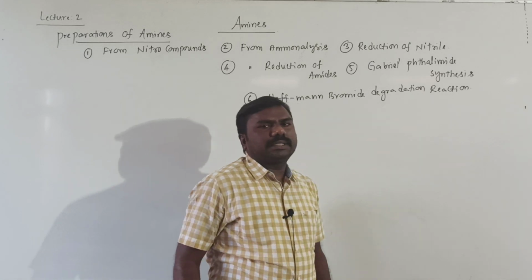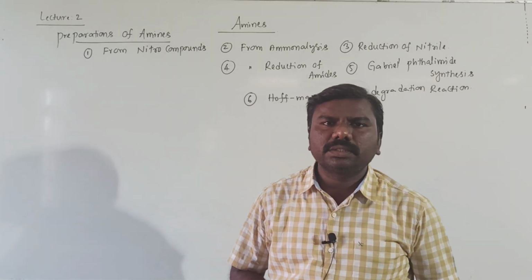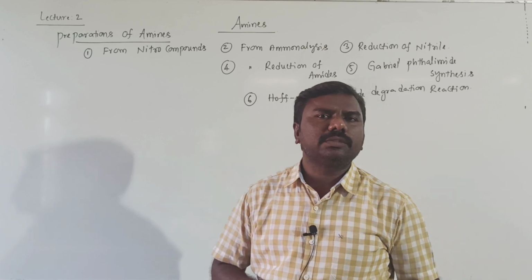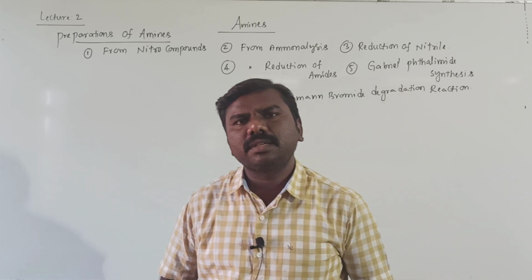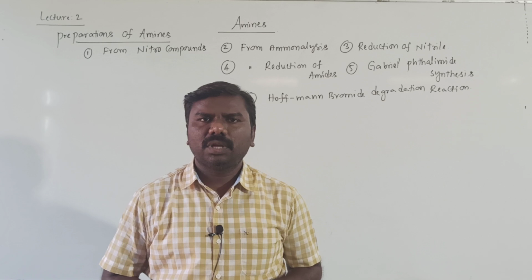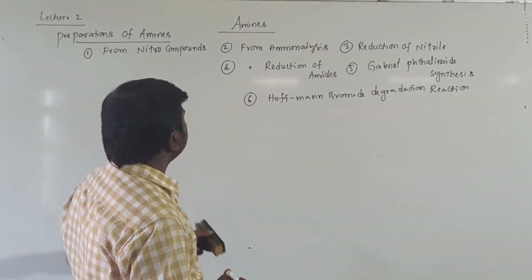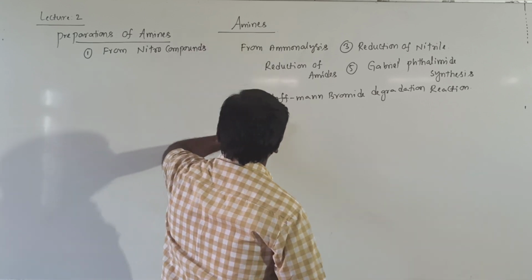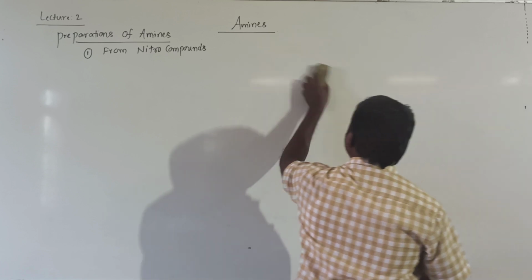So these are the 6 methods which are used to prepare amines: from nitro compounds, from ammonolysis, from nitriles, from amides, from Gabriel phthalimide synthesis, from Hoffmann bromamide degradation reaction. So I'll start with the first one, that is from nitro compounds.